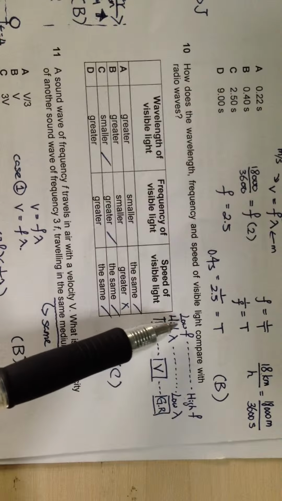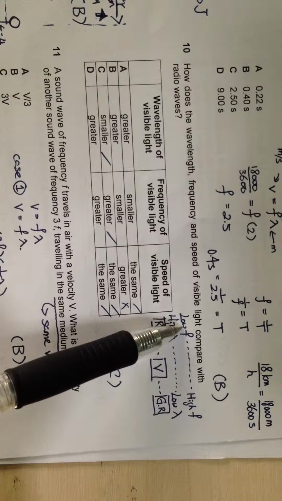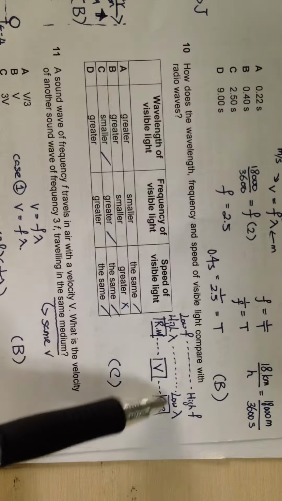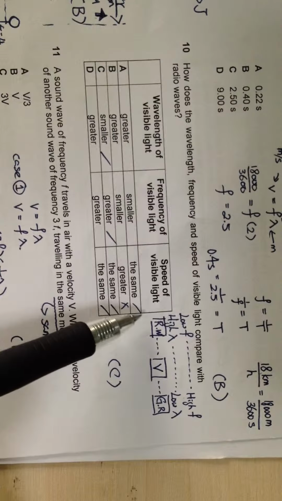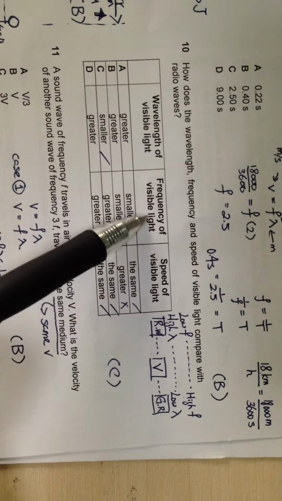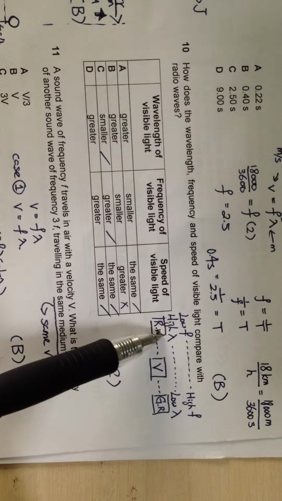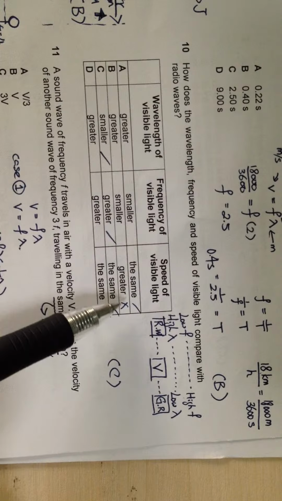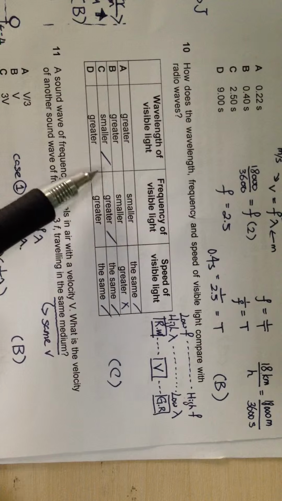Radio waves have a higher wavelength and lower frequency, but all waves in the EM spectrum have the same speed. So if you look at B, the speed is different, you can already cross it out.